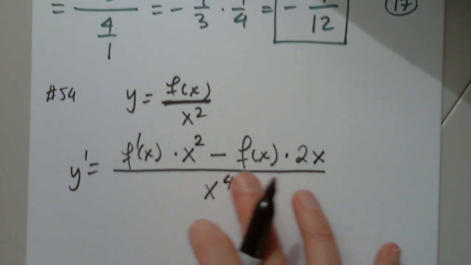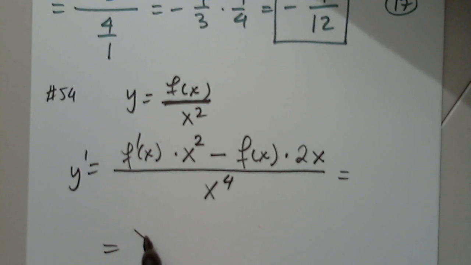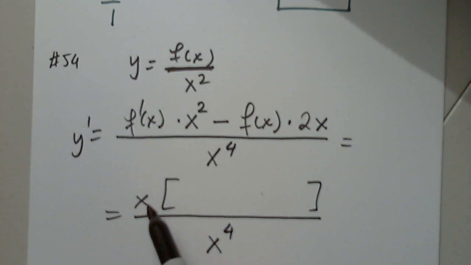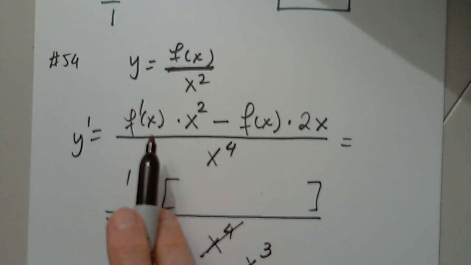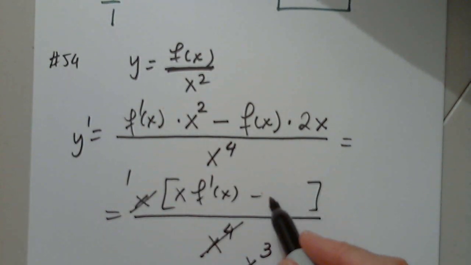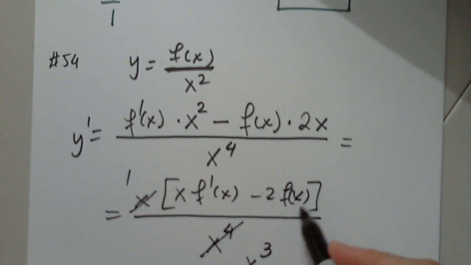But notice that we can factor out an x because we can simplify like we did with the big one a few minutes ago. So then we have x times f prime of x minus 2 f of x.